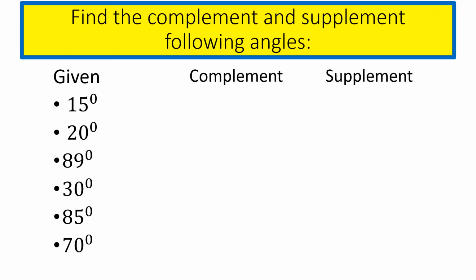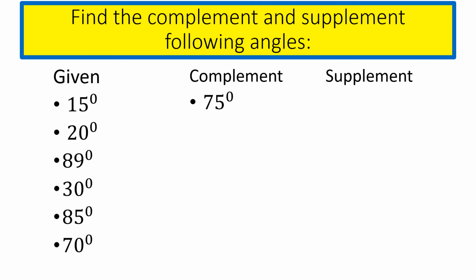Alright, we need to find the complement and supplement of an angle. How do we know whether two angles are complementary? The sum of the two angles is 90. For supplementary, the sum of the two angles is 180. If we have 15 degrees, what is needed to make it a 90 degree angle?